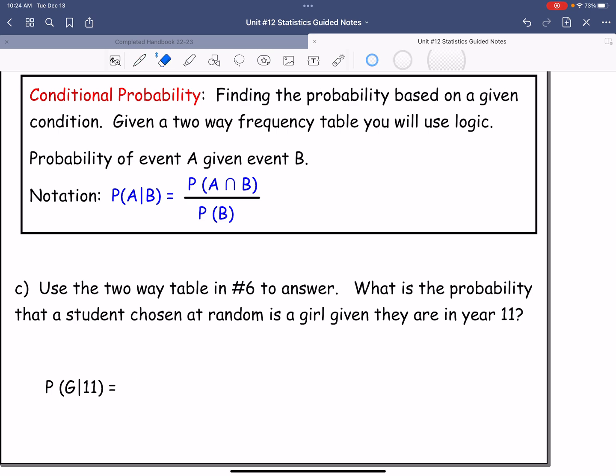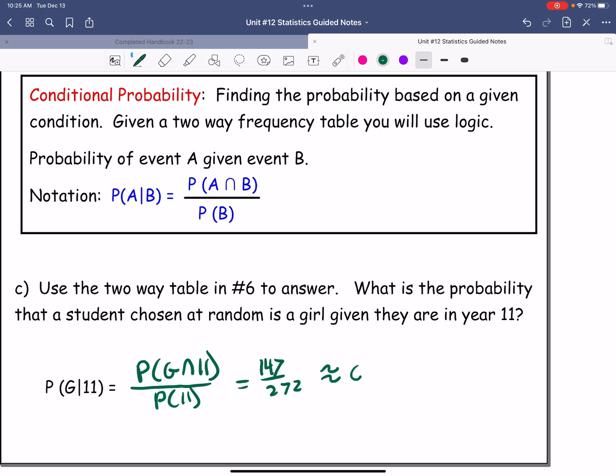It might be a little easier since you're taking notes at home. It's going to be the probability of the girl and year 11. That ends up being 147 over the probability of year 11, which is 272, which is approximately 0.540.